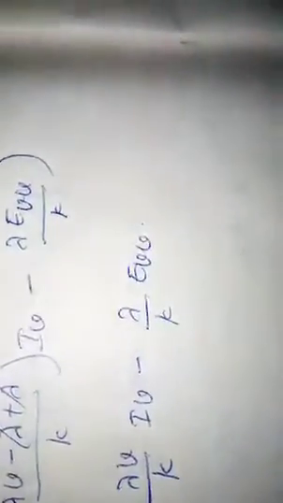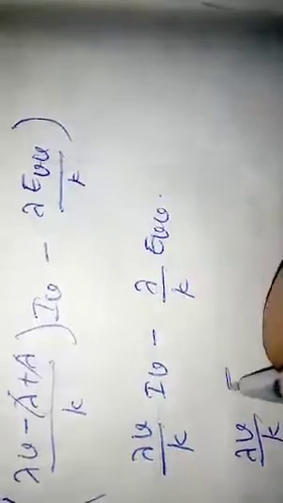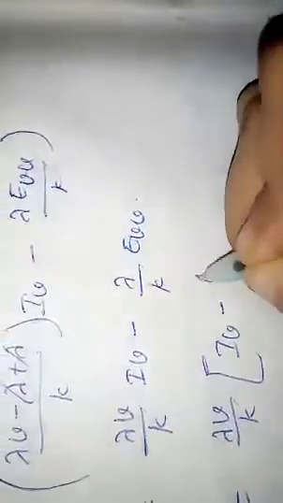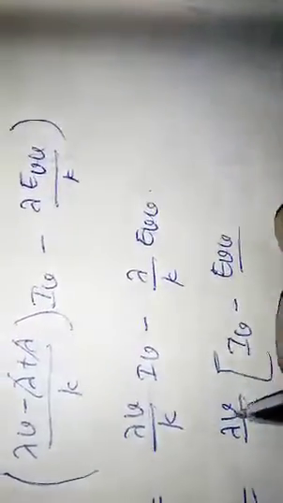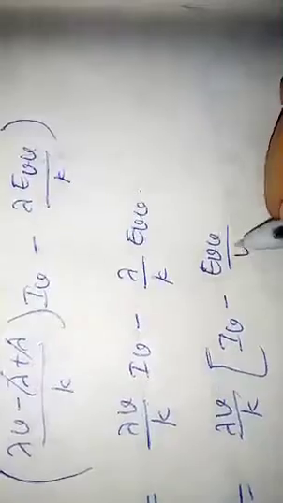Then we will take the common term outside, that is lambda V divided by K into IV minus, here EVV divided by this, here no V terms, right? Then here V.